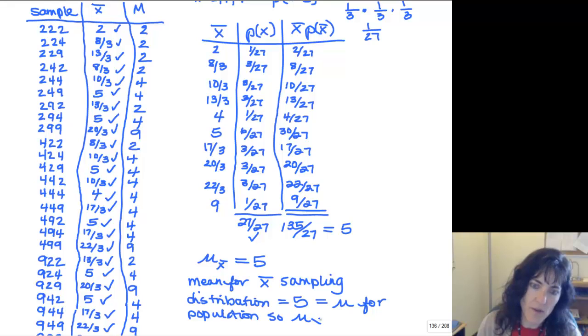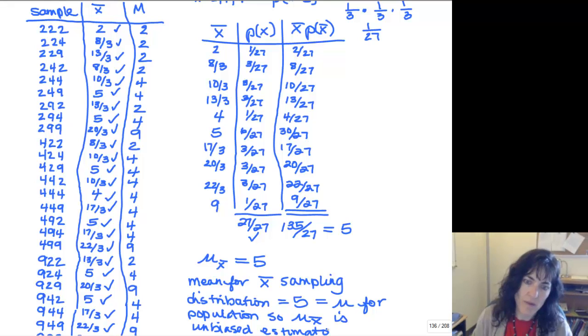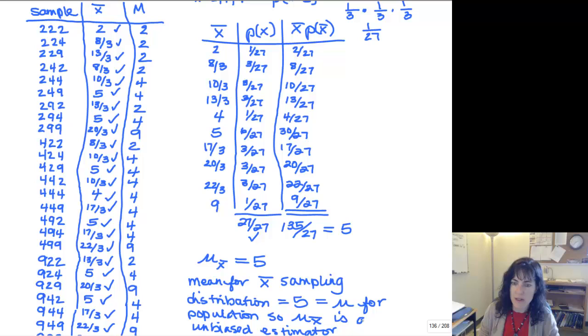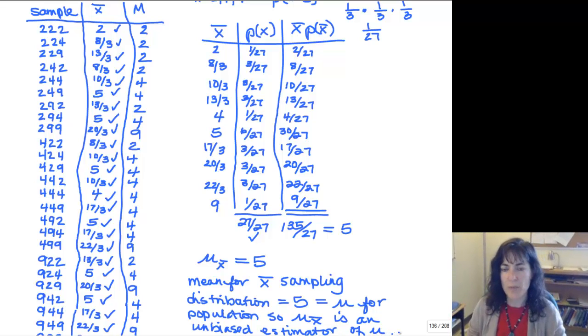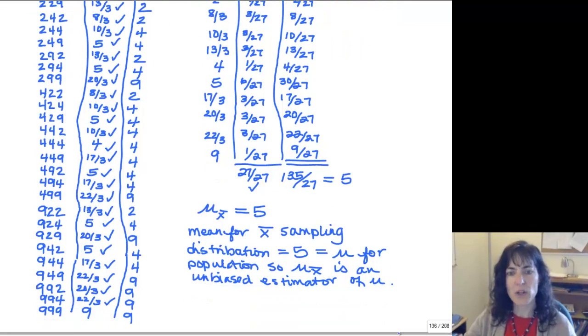So the mean for X-bar is unbiased, and is an unbiased estimator of mu. Okay, so that's very nice.